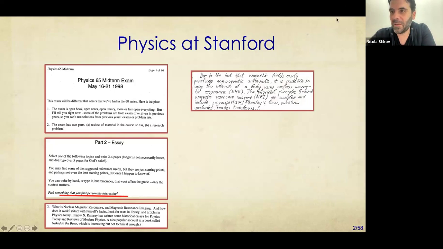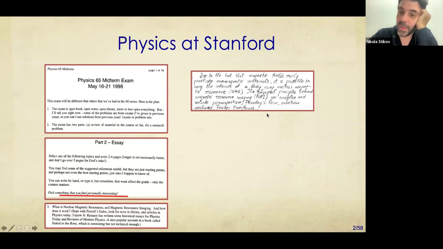And then a couple of years back, I actually found that midterm, and these are just some scans. I will just read the text because it is really the first time I got excited by technology. And I started out by saying that due to the fact that magnetic fields easily penetrate non-magnetic materials, it is possible to map the interior of a body using nuclear magnetic resonance, NMR.